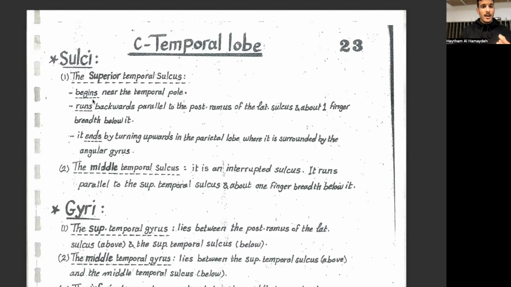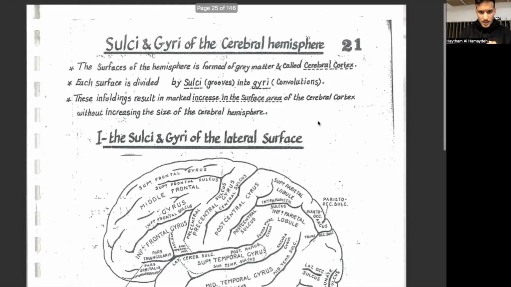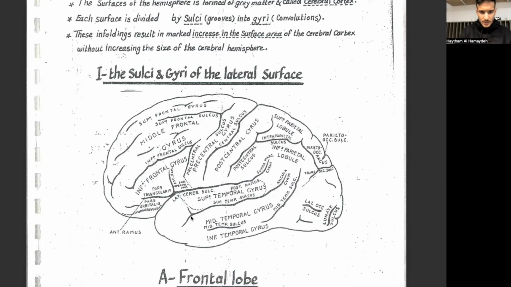The superior temporal sulcus begins near the temporal pole and runs backwards parallel to the posterior ramus of the lateral sulcus and about 1 finger breadth below it, and ends by turning upwards in the parietal lobe where it is surrounded by the angular gyrus. So it begins at the temporal pole of the temporal lobe, goes backwards and ends at the angular gyrus.